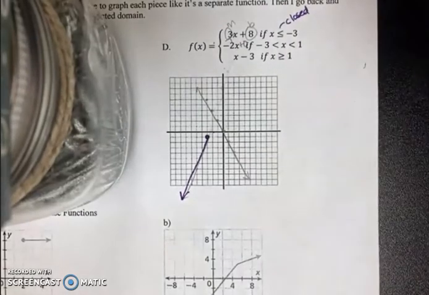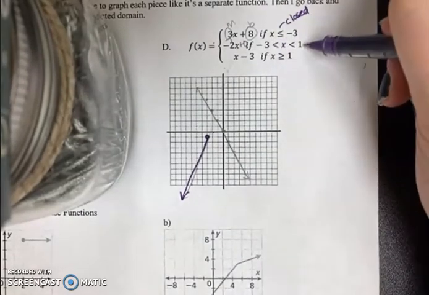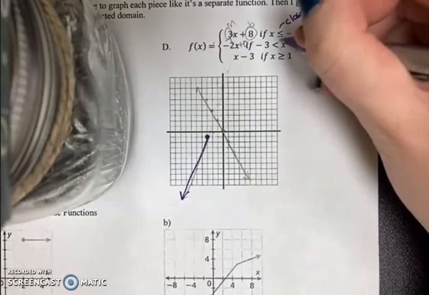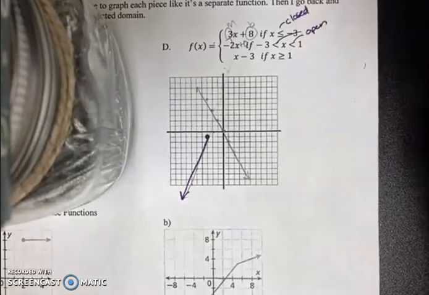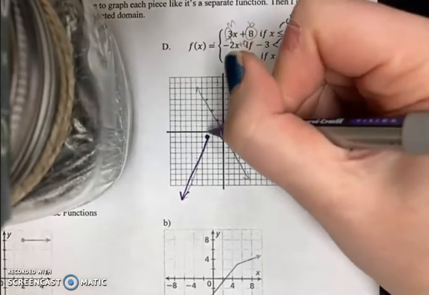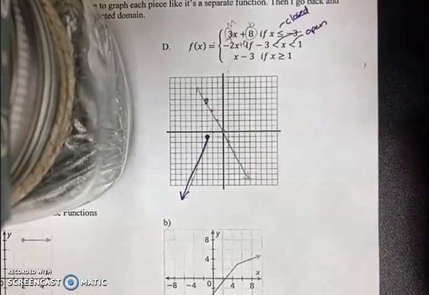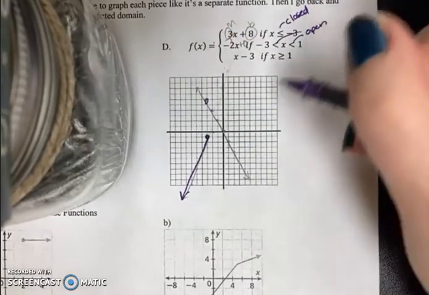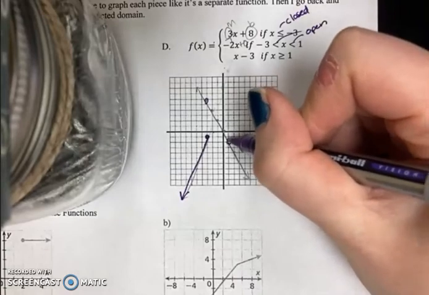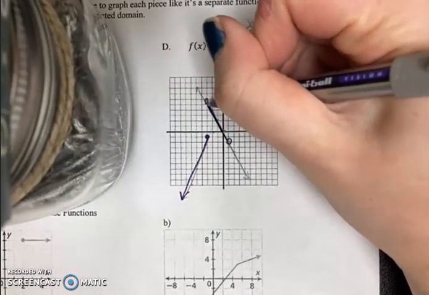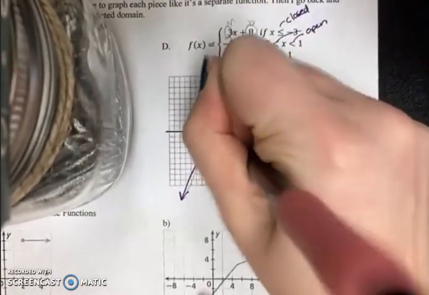And I want it from -3 to 1. And both of them are going to be open circles because they don't have the or equal to's. So -3, the function's right here. I'm going to put an open circle there. And then x equals 1 is right here. So another open circle. And I'm going to connect those two circles and erase what I don't need.